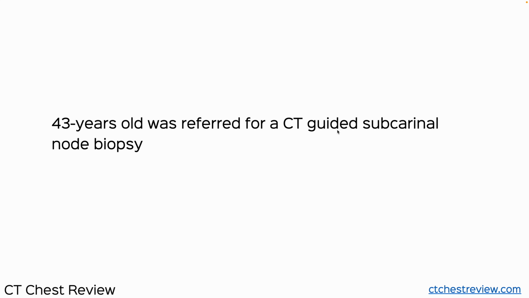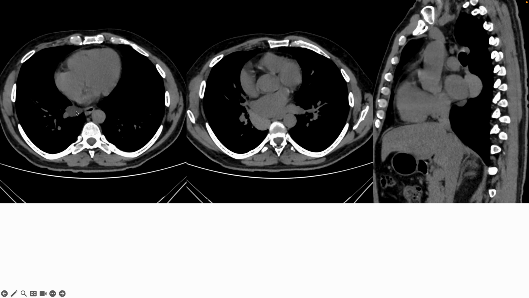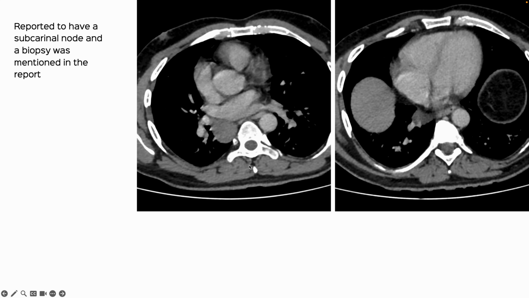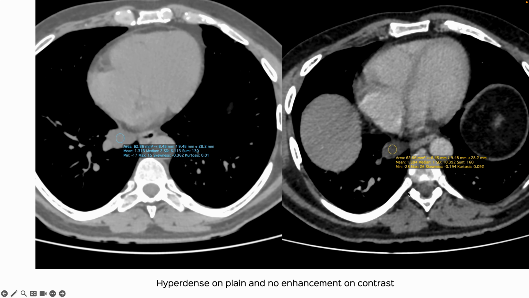So here's a 43-year-old who had a COVID CT, had a subcarinal lesion with two different densities, and was sent for a CT guided biopsy because it was mentioned as a subcarinal lymph node. But if you look at the plain and the contrast scan, there is no enhancement. It goes from 56 to 58, which is not enhancing. Both components didn't enhance. That's 1.3 and 1.5.